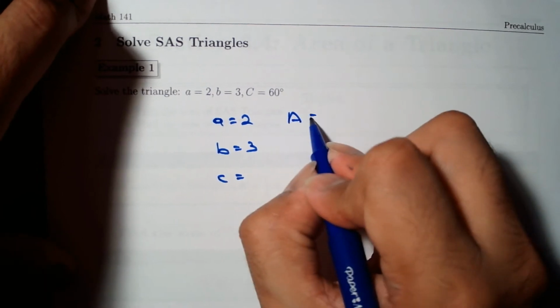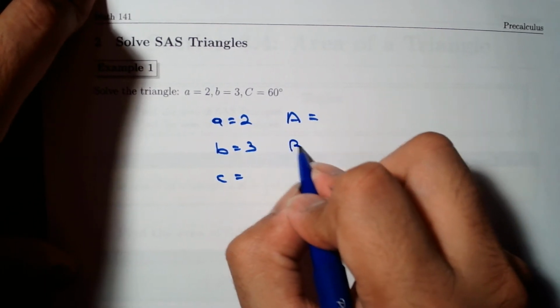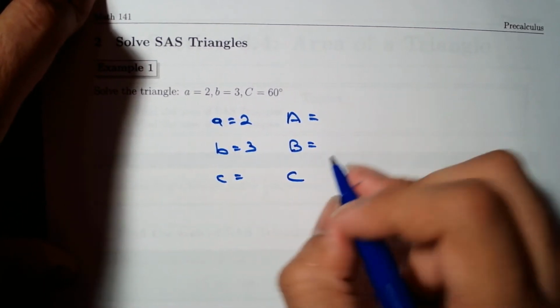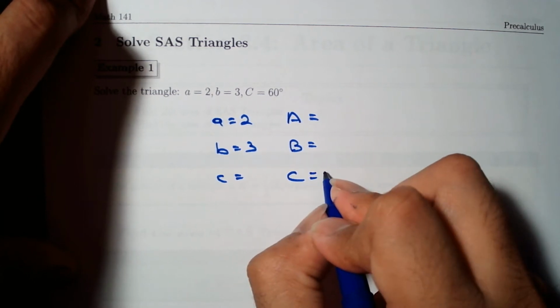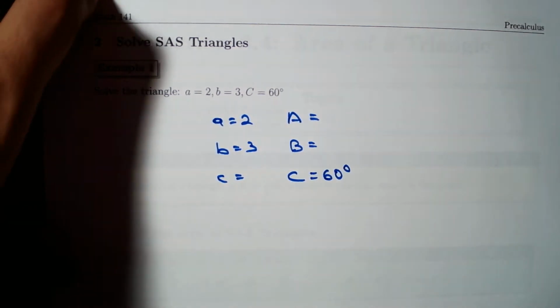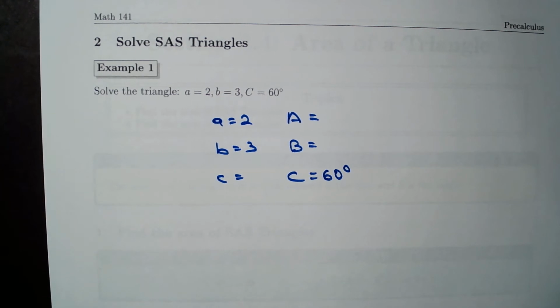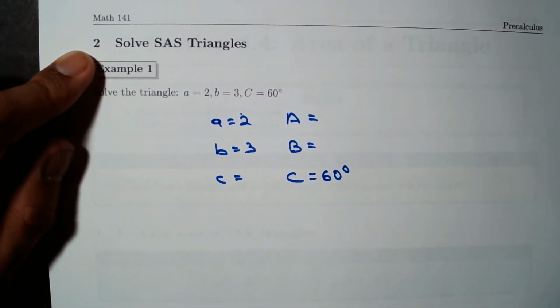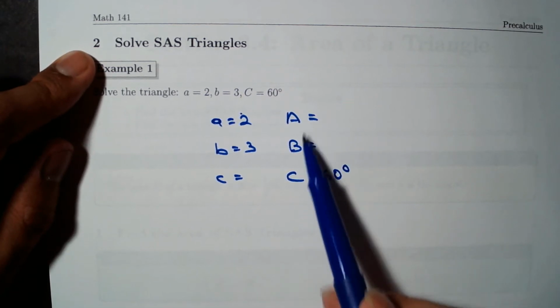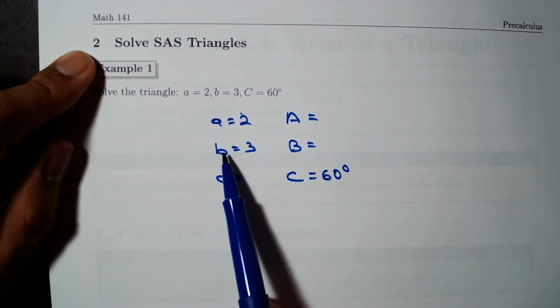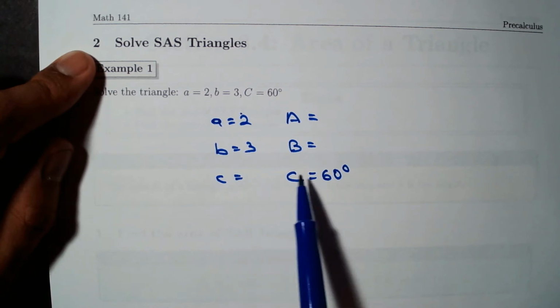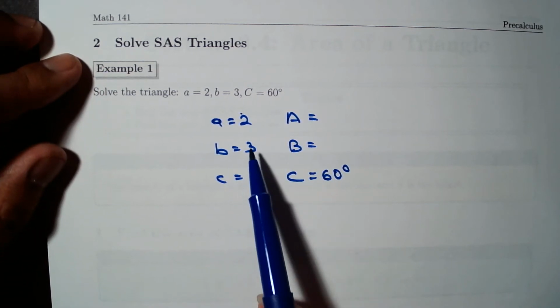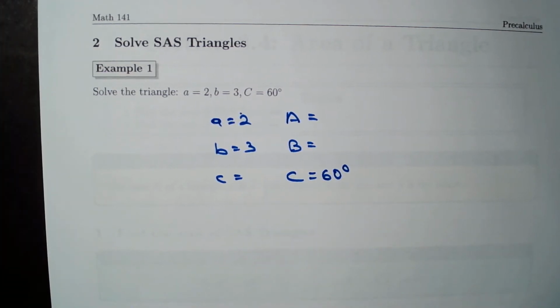Angle A is unknown, angle B is unknown, and angle C is given as 60 degrees. In this case, I cannot put together A with B to use the law of sines because I don't know any of the angles, and I cannot put together B and C and use the law of sines because I'm only given one piece of information each. So how are we going to do this?